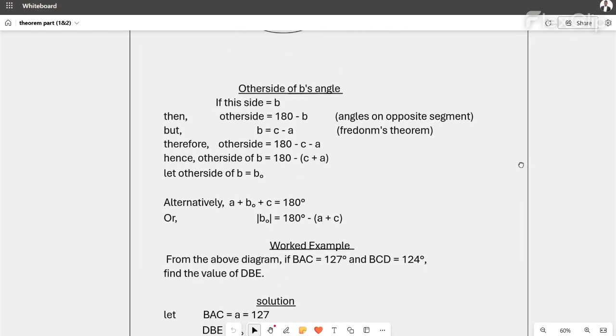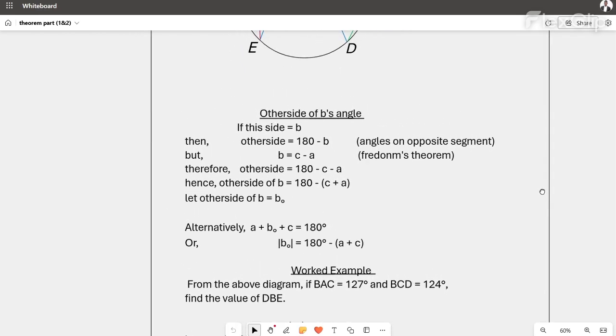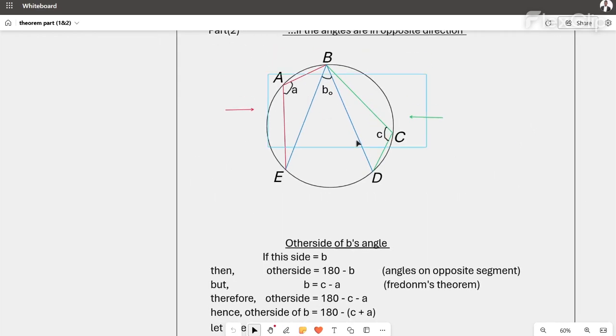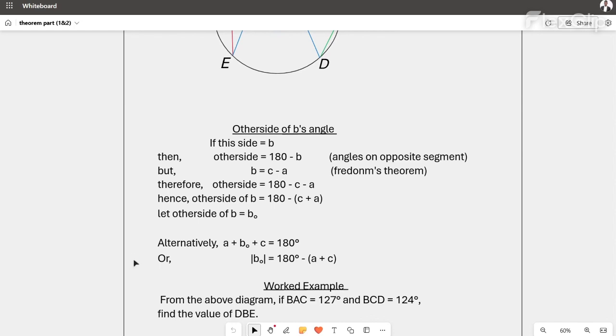In simpler terms, we can say alternatively that angle A plus angle B naught plus angle C is equal to 180 degrees. This is the equation that connects these three angles, that is angle A, angle B naught, and angle C. Or you can say the absolute value of angle B naught is equal to 180 degrees minus (angle A plus angle C).